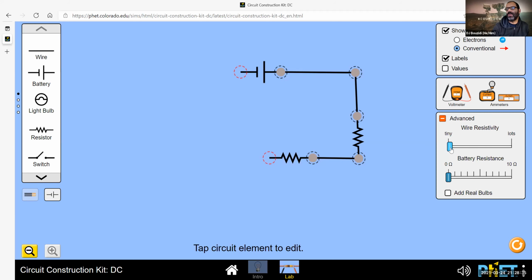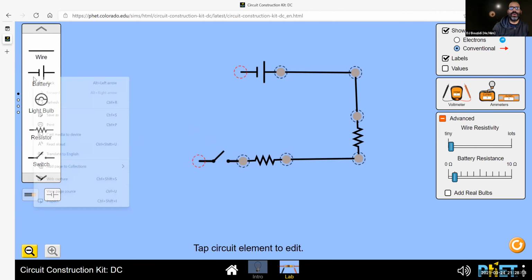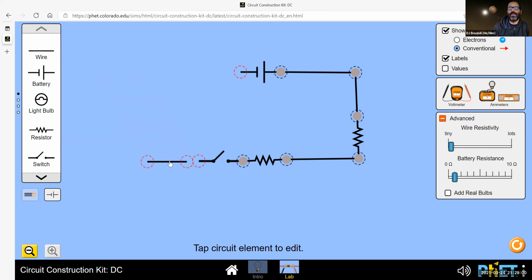We need to click on the advanced mode to make sure this one is tiny, but not too big. This one sits at 1 ohm, okay? Not real bulbs, okay. And we need a switch of some sort. Okay, we need another wire now.